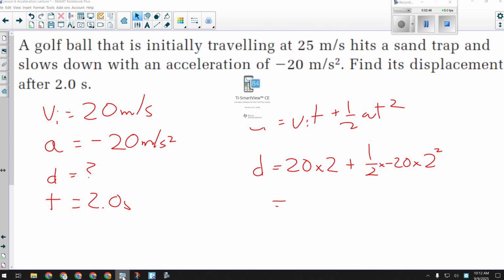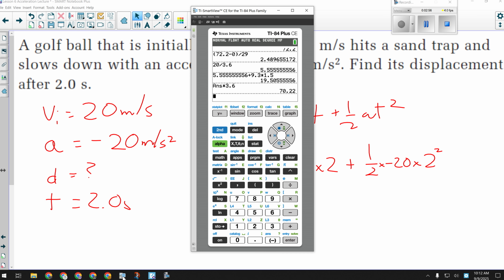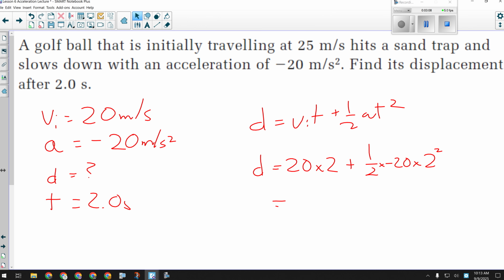All right, let's punch it all in here. So we got 20 times 2 seconds. And we're going to add that to 0.5 times negative 20. Oh, sorry. This is supposed to be 25. No wonder that didn't work out.